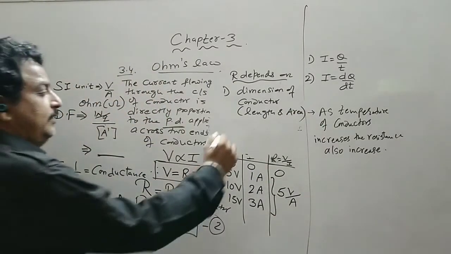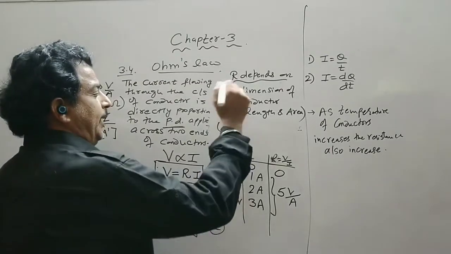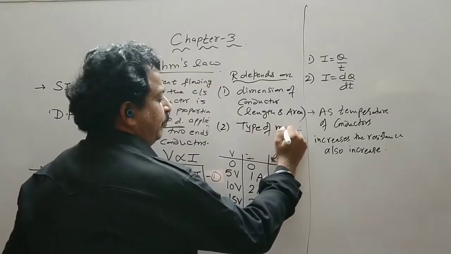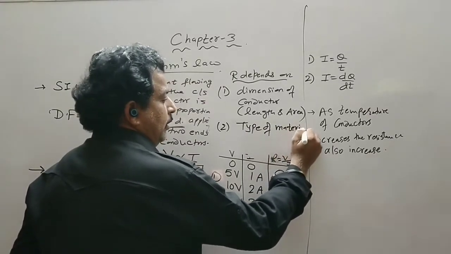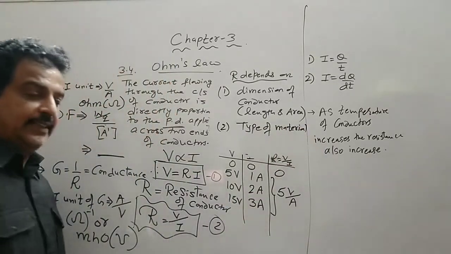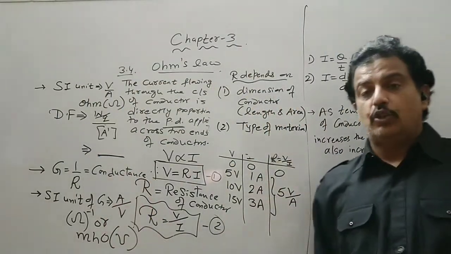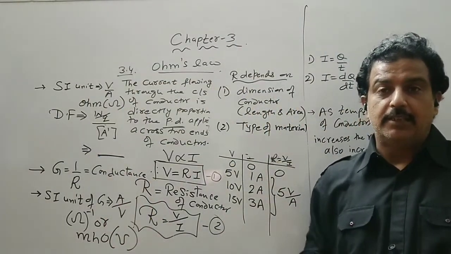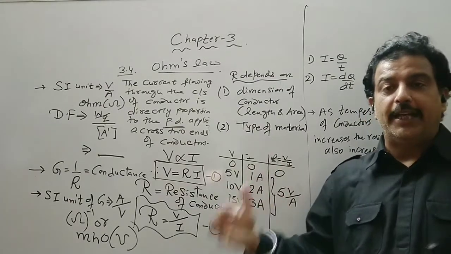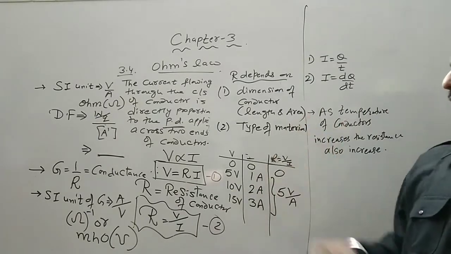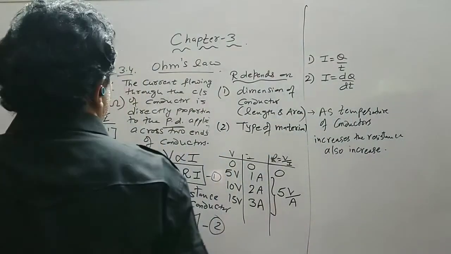And again, it depends on the type of material of the conductor. For example, the resistance of copper is different from the resistance of silver or gold or any other metal. So it depends on the type of material as well.